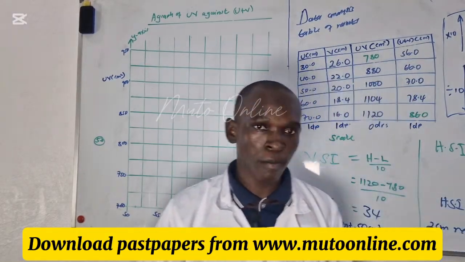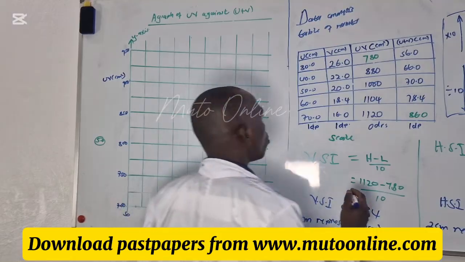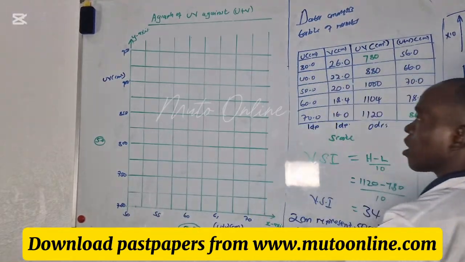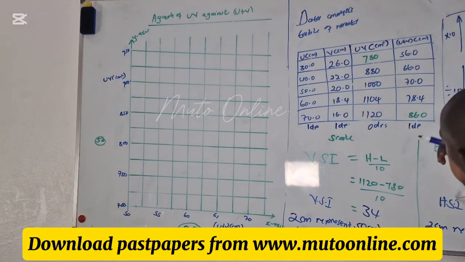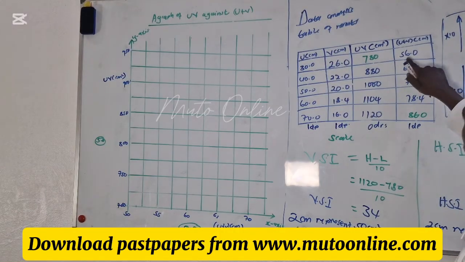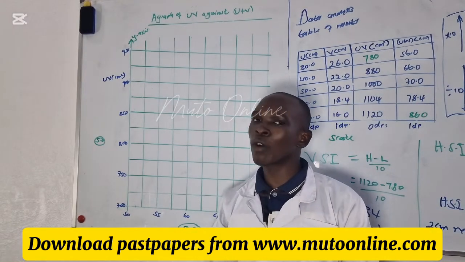This is how you plot. To get the value, you begin with the horizontal value, and then you look for the vertical value. So the horizontal values, we have uv. This is 56. When you look at our values, 56 is nowhere to be seen.